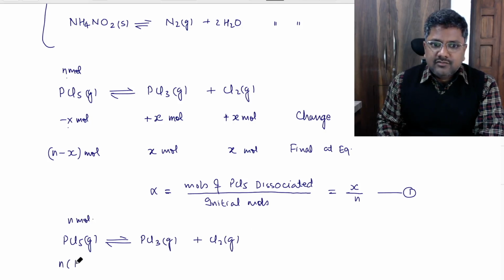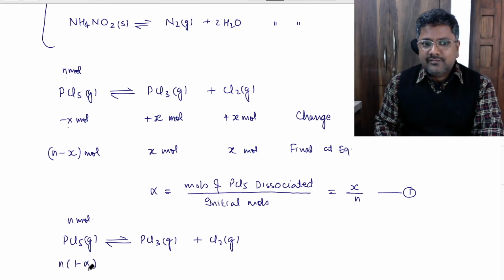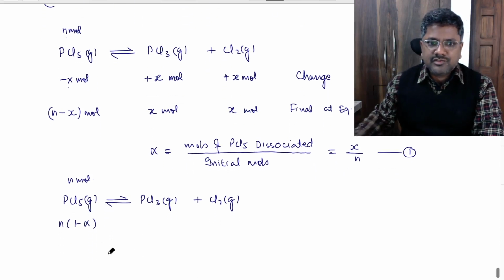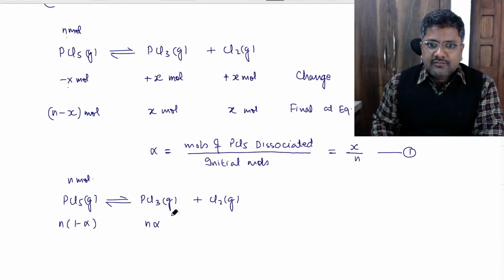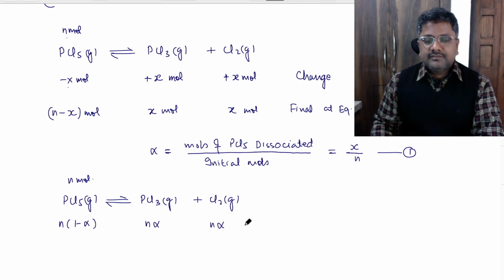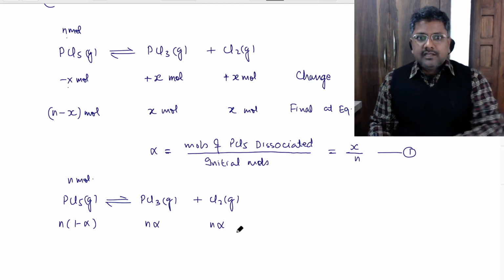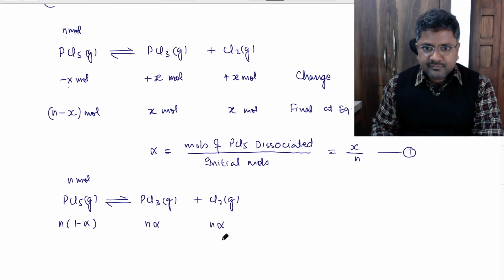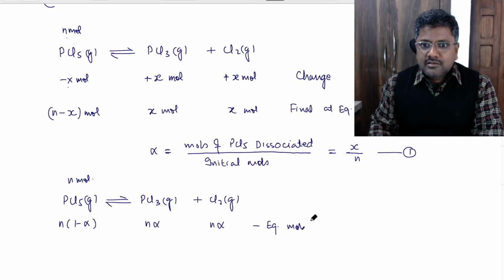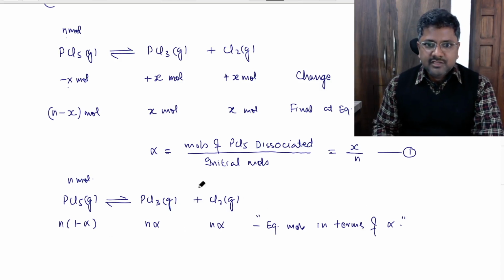So n into 1 minus alpha, directly we can write the equilibrium moles, and here n alpha and here n alpha. So this is the equilibrium moles in terms of alpha, directly. So this is another way to write the expression. Now you can find the alpha. You will get the same result as here I have written.